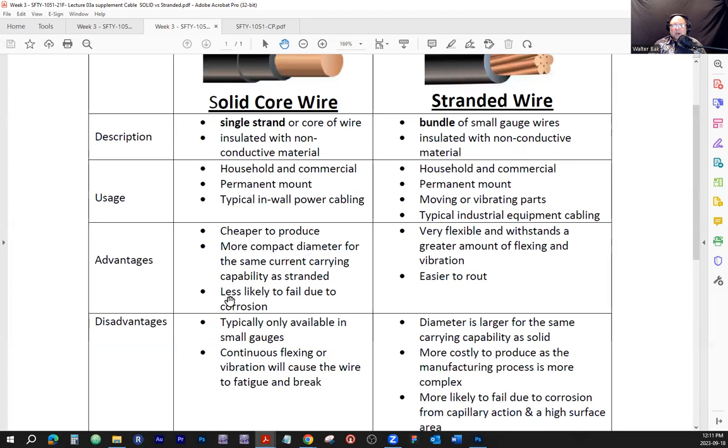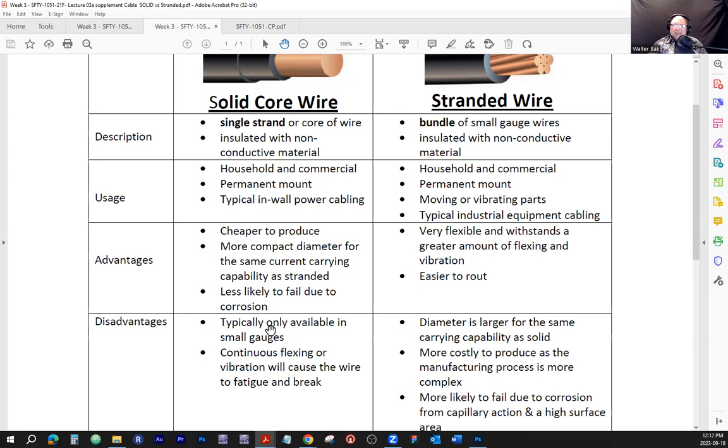Here, solid core is typically only available in small gauges. Small gauge means greater number. Gauge 14 and gauge 12, for example, gauge 12 is thicker. It has a smaller number, so it's thicker.